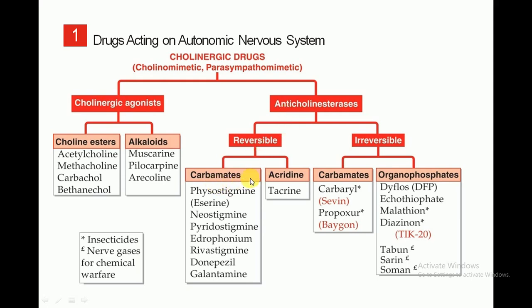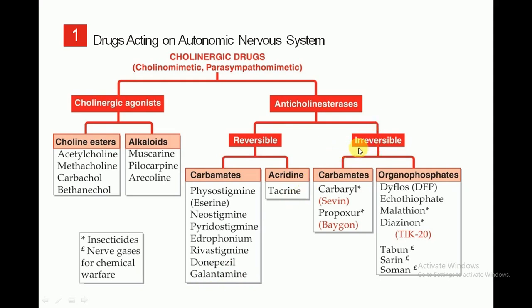Reversibles are carbamates and acridine. Carbamates include physostigmine, neostigmine, pyridostigmine, edrophonium, rivastigmine, donepezil and galantamine, while the acridine includes tacrine.